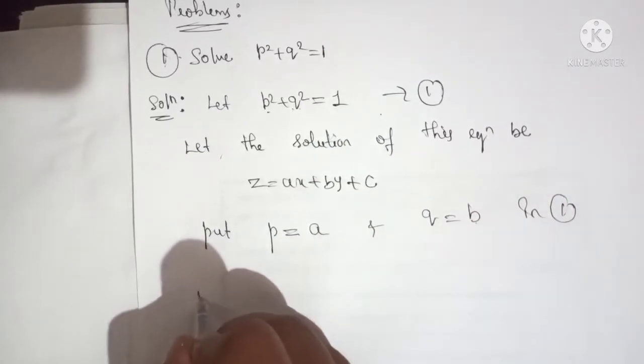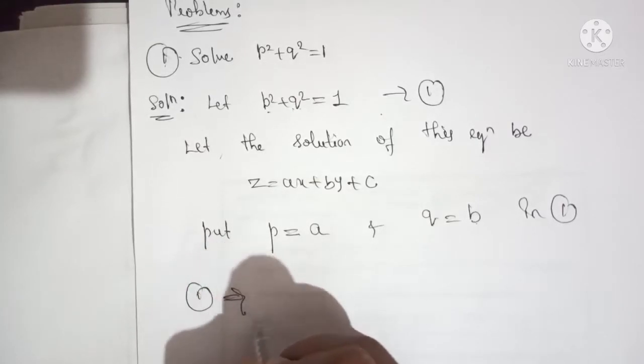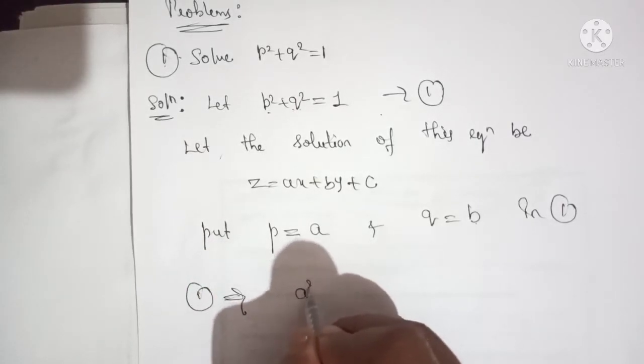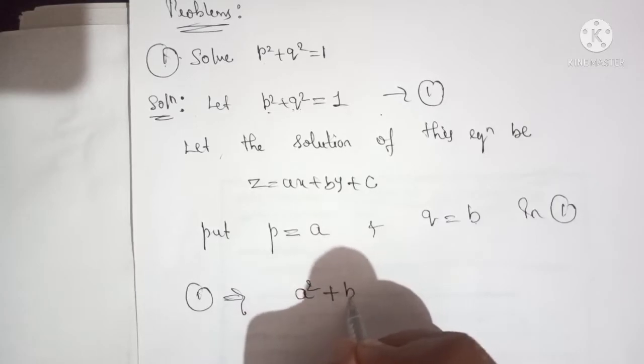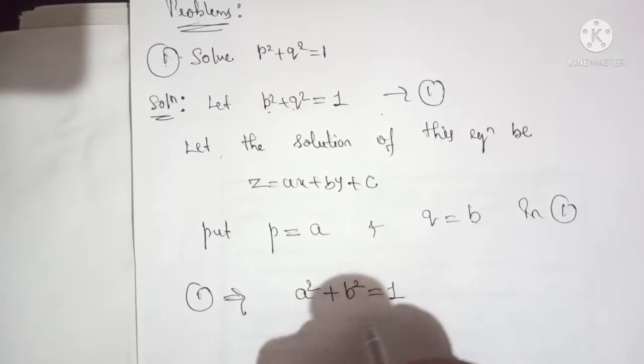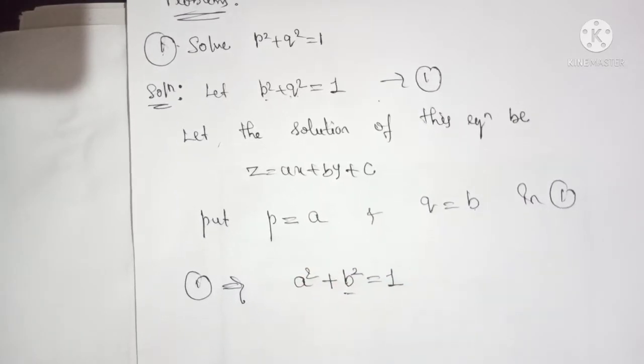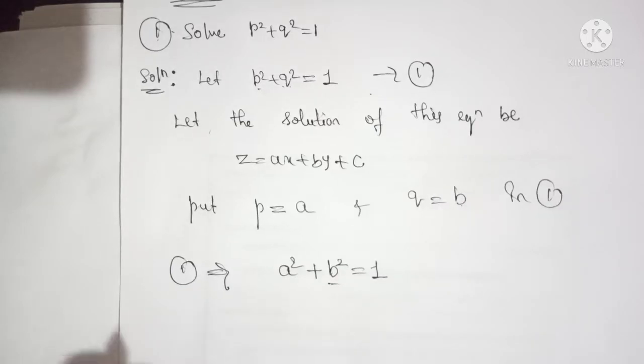So equation 1 implies that p square means a square, plus q square means b square, equals 1. Now we solve for b, that is, we separate the b terms, or we find the b value in terms of a.